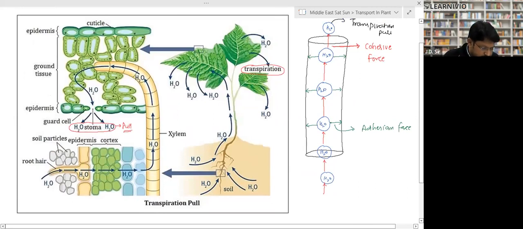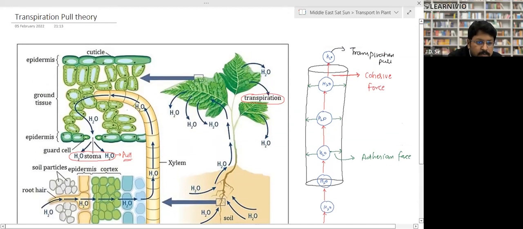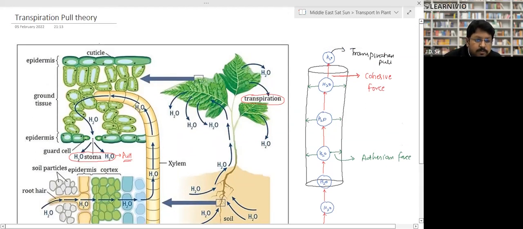Transpiration pull theory. This is also called cohesion tension theory, because cohesion force creates a tension. Let me write it down over here: transpiration pull theory, or cohesion tension theory.